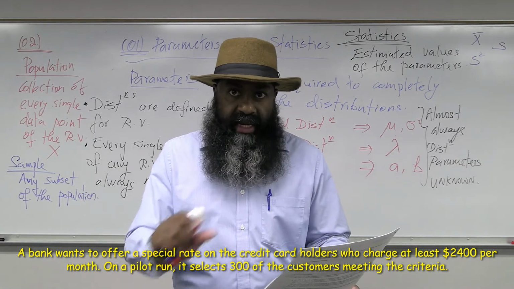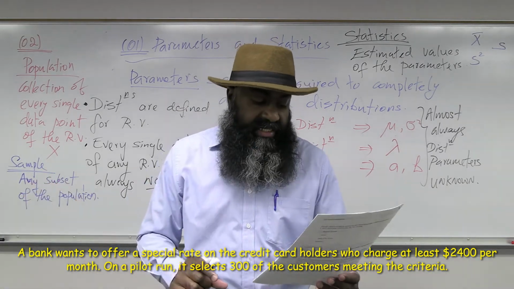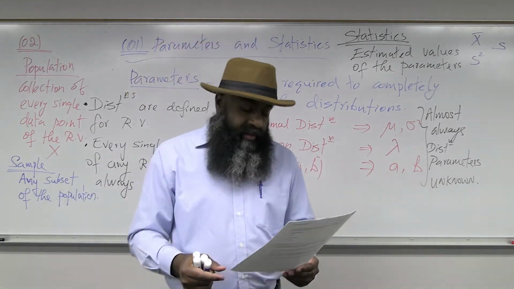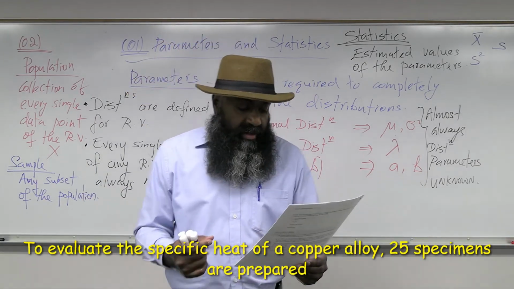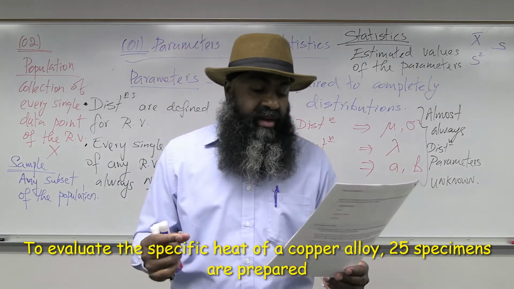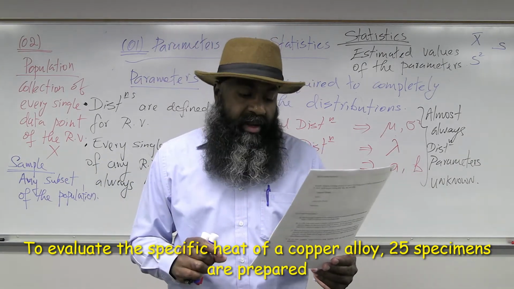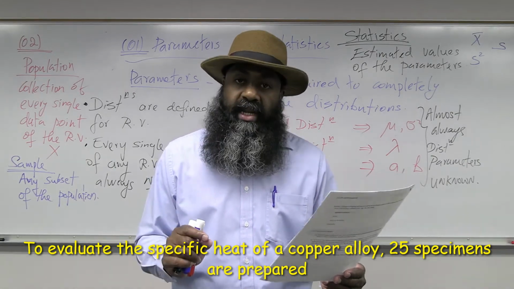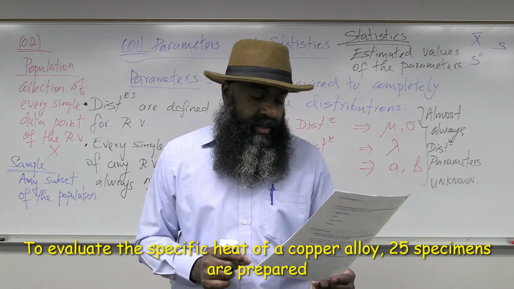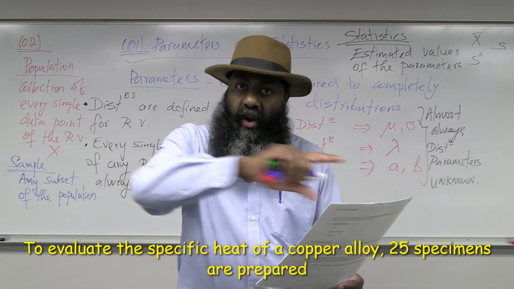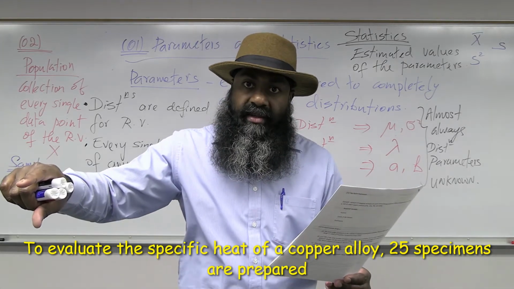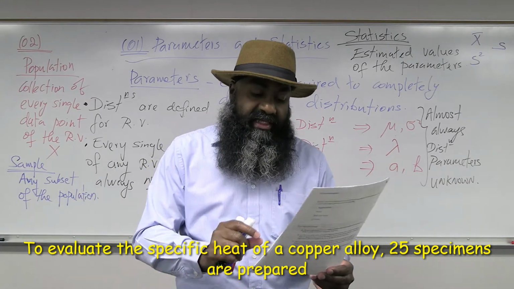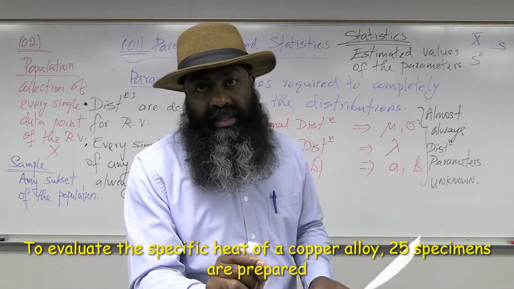Okay, that's the population. The sample is the selected 300 customers. And part D, to evaluate the specific heat of a copper alloy, 25 specimens are prepared. What's the population? What's the sample? Population is all the copper alloys, right? All the copper alloys on Earth. Sample is the selected 25 specimens.